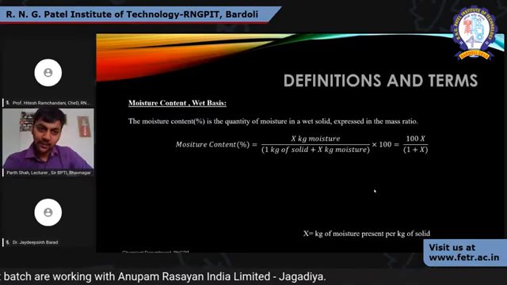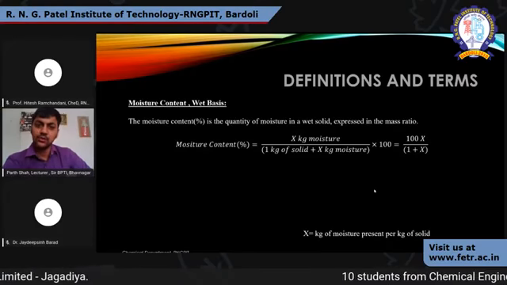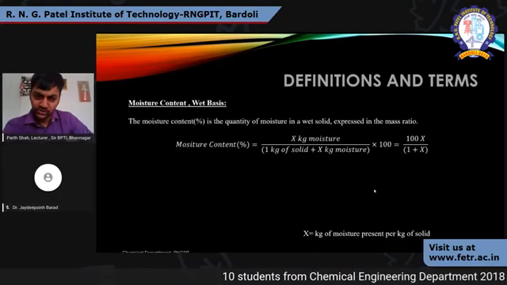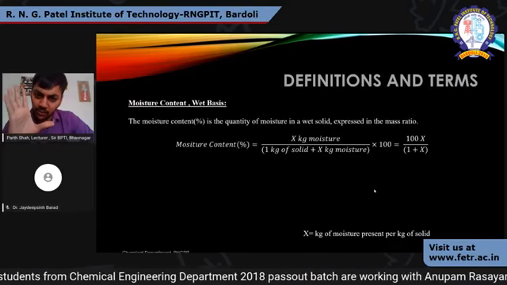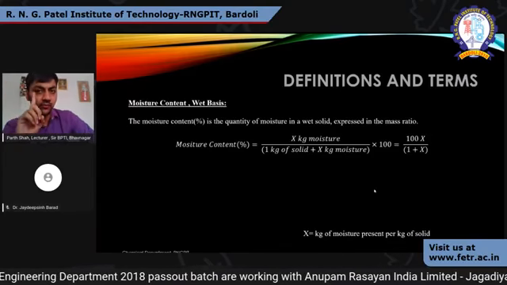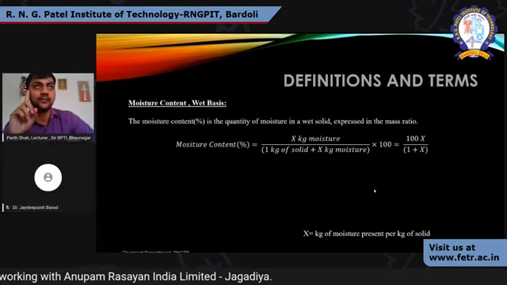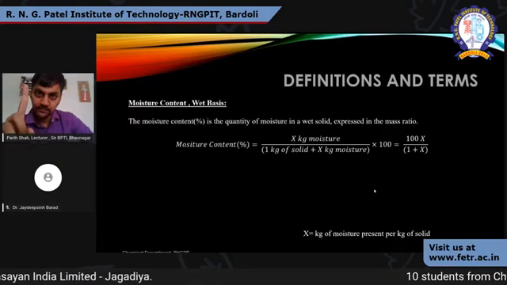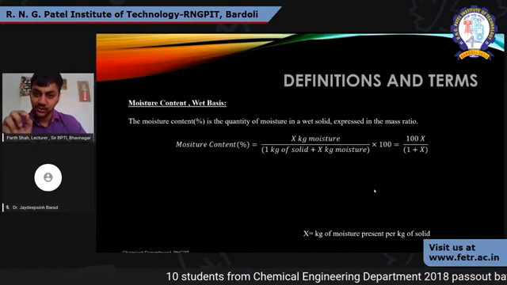The mathematical formula is: moisture content in percentage is equal to x kilogram of moisture per 1 kilogram of solid plus x kilogram of moisture. When I write 1 kilogram of solid, I have taken 1 kilogram of dry solid as the base. Again, I am repeating, 1 kilogram of dry solid.